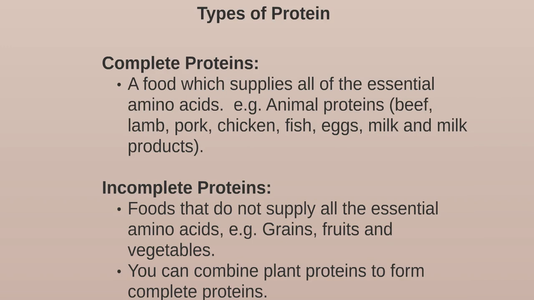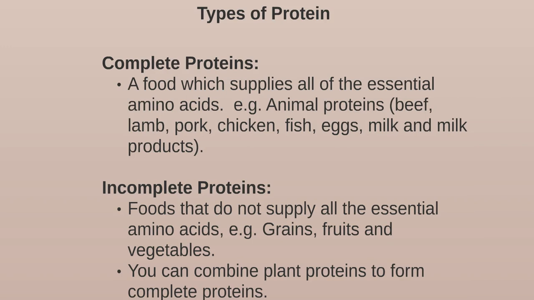You'll typically find them in animal-based products, and that makes a lot of sense given the human body is made of tissue, and that tissue is very similar to a lot of animal tissue, and we use a lot of the amino acids that we supply the body with to replenish, repair and maintain the physical structures of our body. So a complete protein gives you all of those amino acids that we need to consume in one handy package.